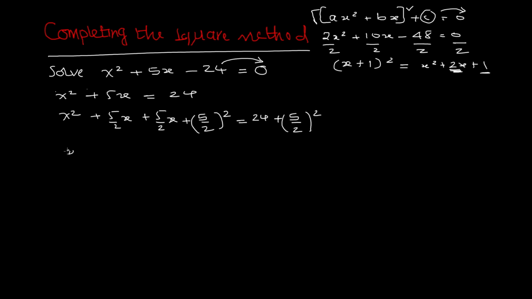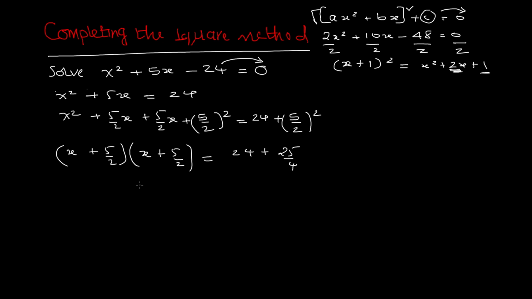Then we go ahead and factorize here. At the end of the day, it will give us something like this on the right hand side. On the left hand side, the right hand side will give us 24 plus 25 over 4, like that.